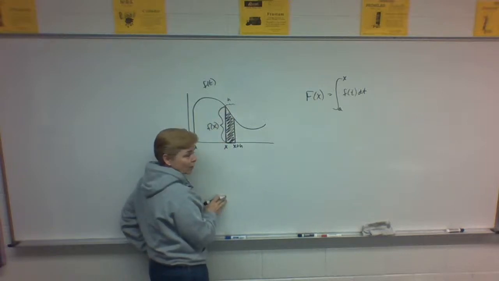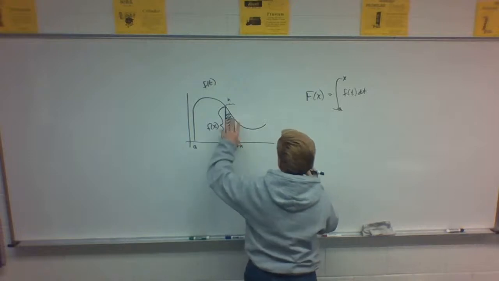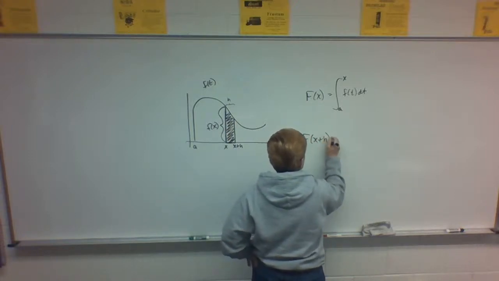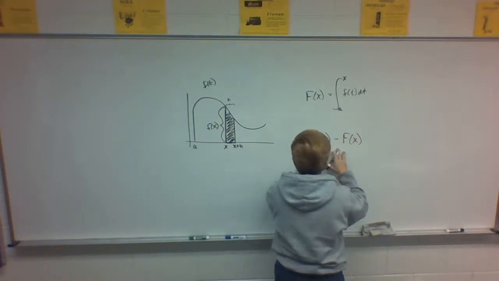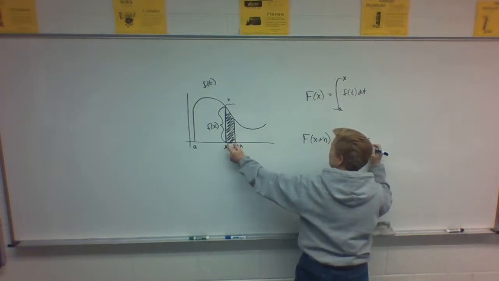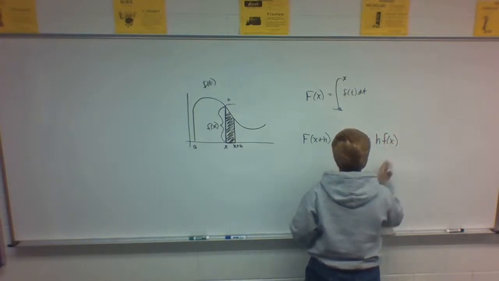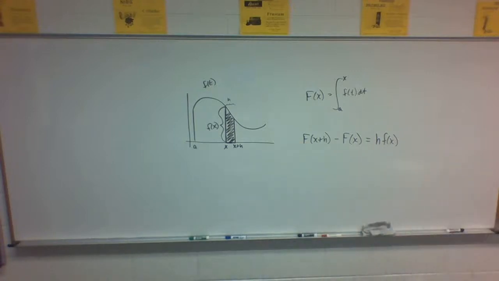Couldn't I say that as well? Okay, so I have two statements for the area of this. One has to do with capital F of x. That would be capital F of x plus h, all the way out to x plus h, minus capital F of x. That would be the area of the strip. But that's also, by direct calculation, the width of it times the height, which is h times f of x. We buy that. Okay, so they're both the same.